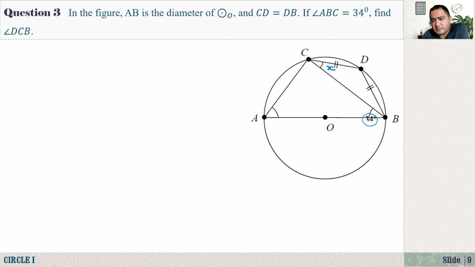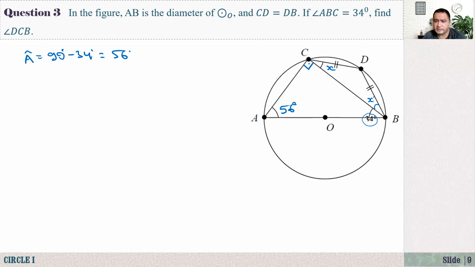Since CDB is an isosceles triangle, this angle should also be x degrees. And AB is a diameter, which means that this angle is 90 degrees. So this angle is 90 minus 34. So angle A is equal to 90 minus 34, which is equal to 56 degrees.